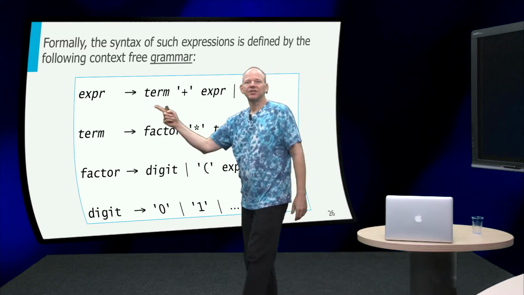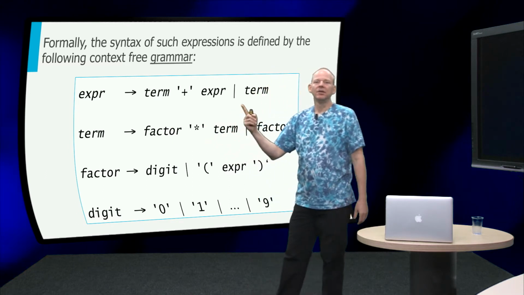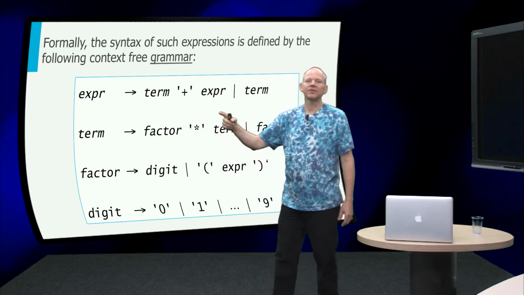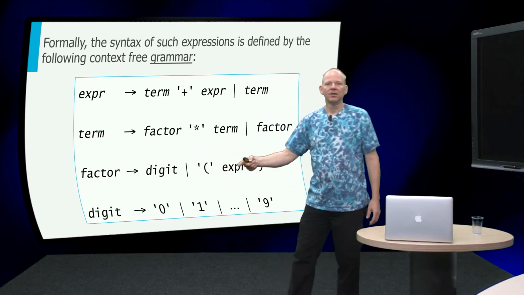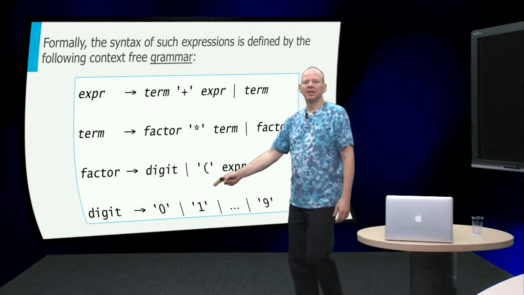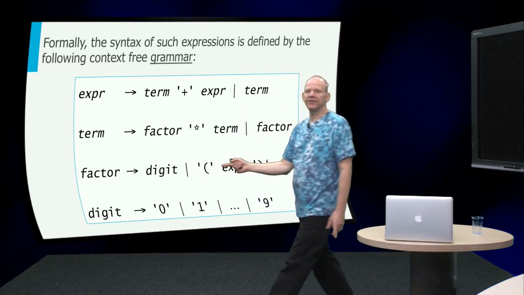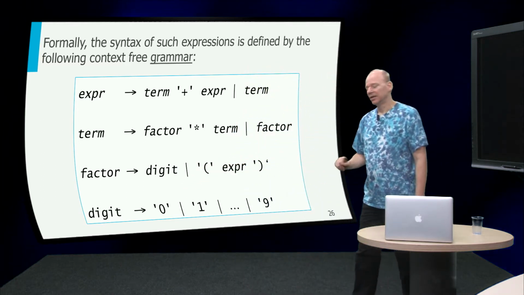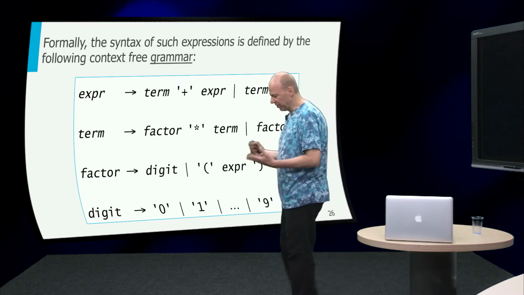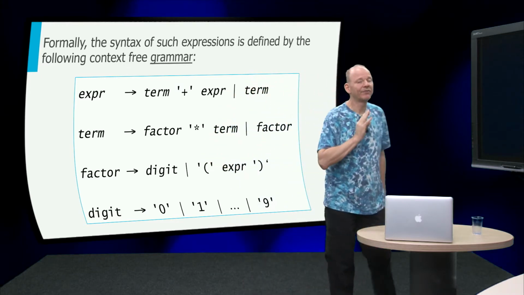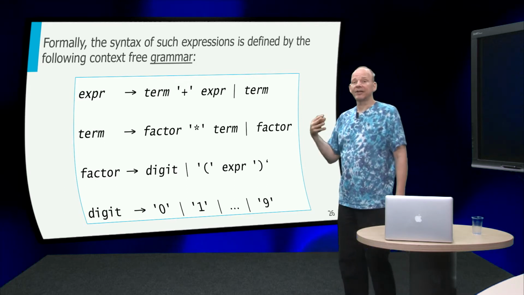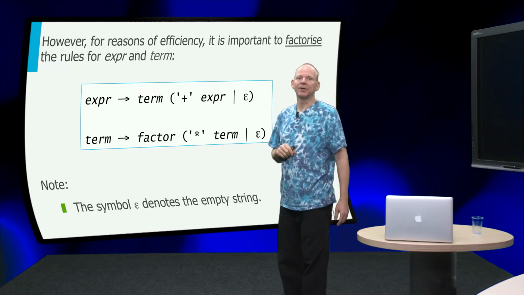So an expression is a term plus an expression, or a term is a factor times a term, or a factor, and a factor is a digit or a parenthesized expression, and a digit is, well, a digit. All right, so that's where the recursion bottoms out.